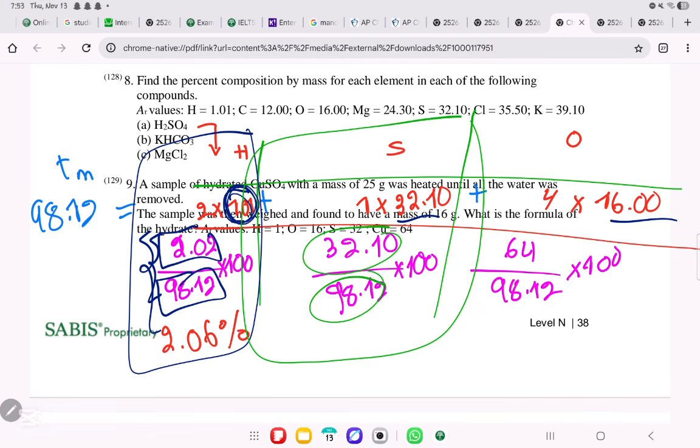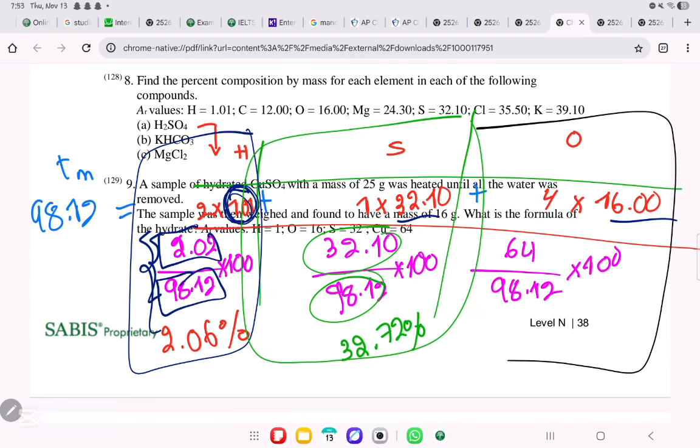That means my answer should be to 4 significant figures. So 32.10 over 98.12 times 100 gives me 32.72%.